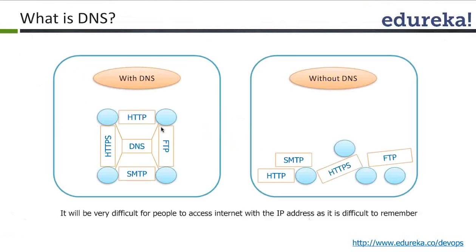So this combination of IP and port creates a socket on our side as well as on the server side, whereas on the client side it's dynamic, and on the server side the port number is static.